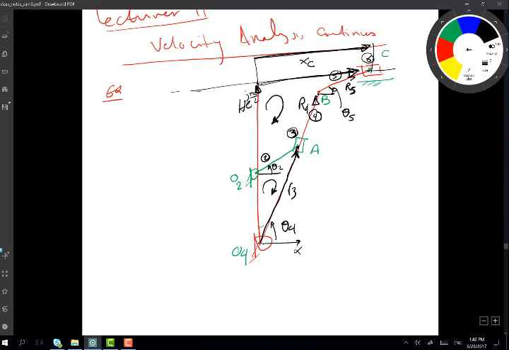And this vector will be xc e to j0, and then I'll be able to close with those two vectors, r4 and r5. So this will give me a large loop.